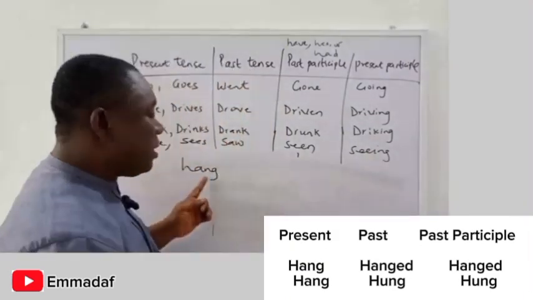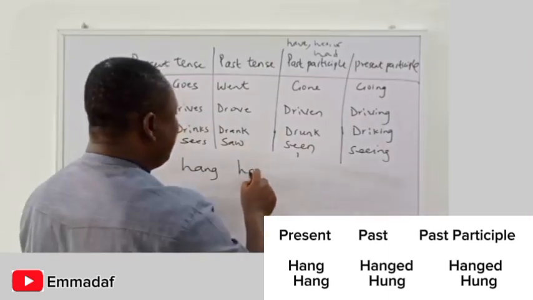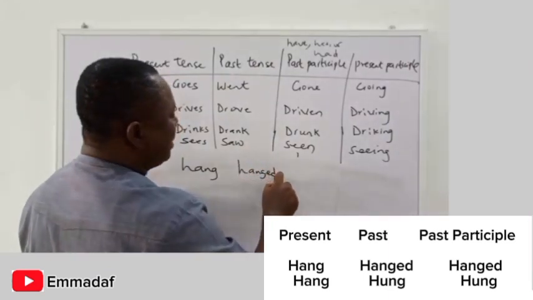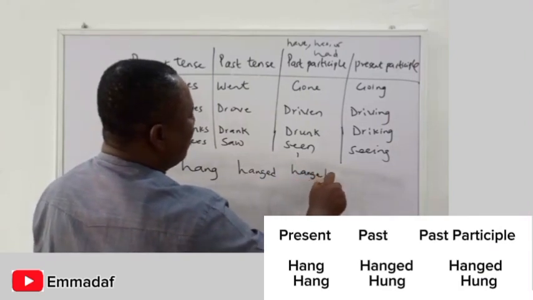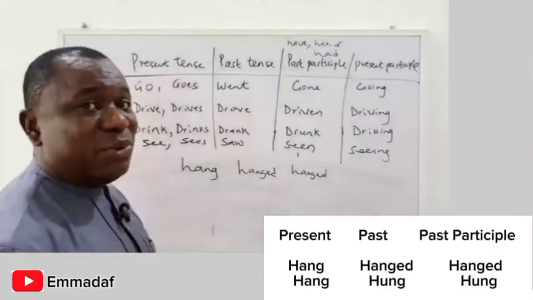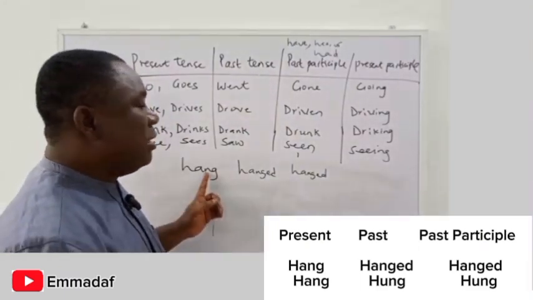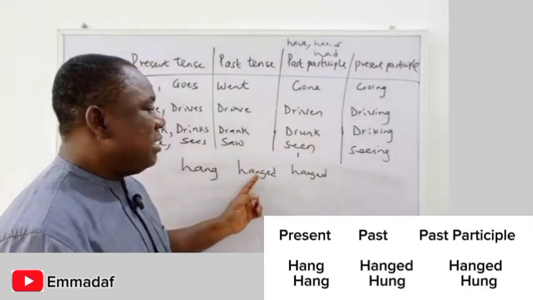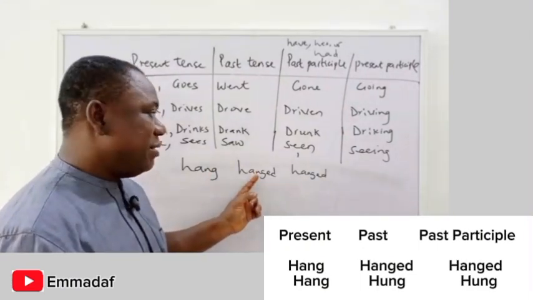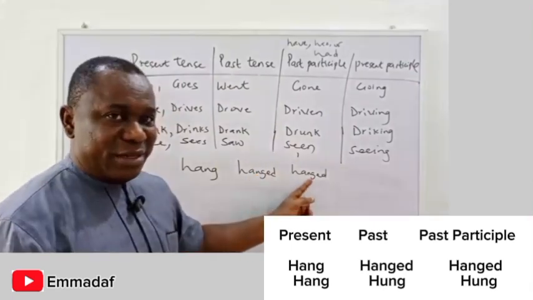So if you're talking about killing someone, you say hang. The past tense is hanged. And the past participle is hanged. Every day, they hang criminals. Yesterday, they hanged criminals. They have already hanged criminals.